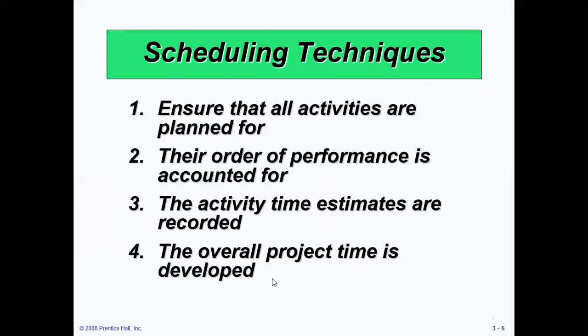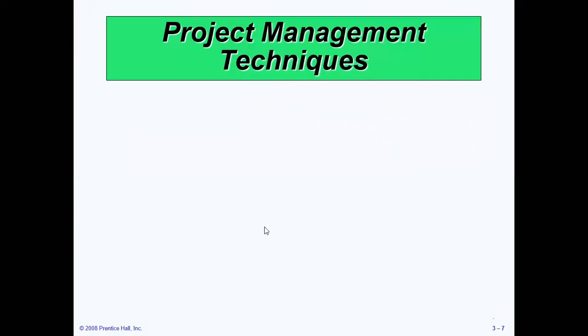Let's talk about different scheduling techniques. Different scheduling techniques ensure that all activities are planned for, their order of performance is accounted for, the activity time estimates are recorded, and overall project time is developed.